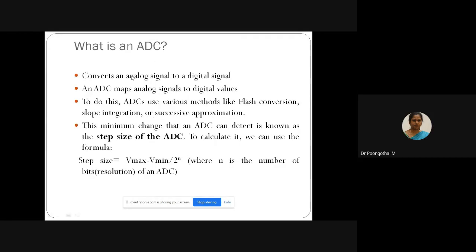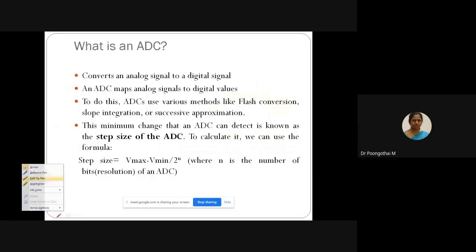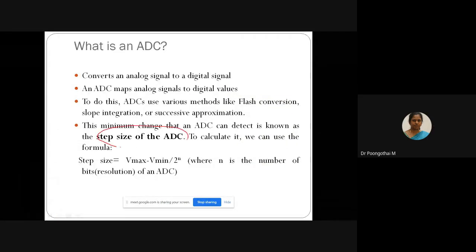So the important parameter involved in ADC is step size. Any idea about the step size of the ADC? The step size is the minimum change that an ADC can detect.